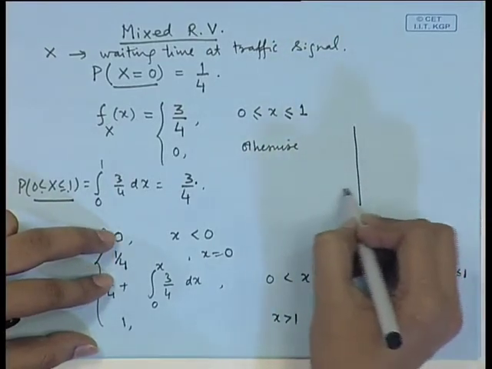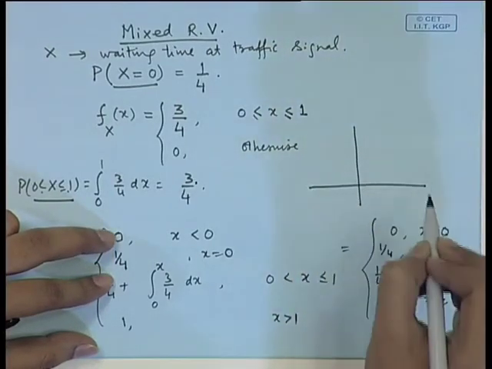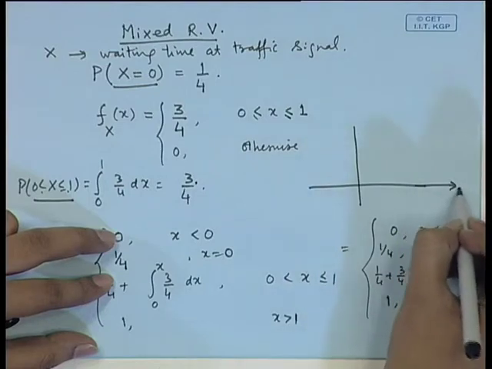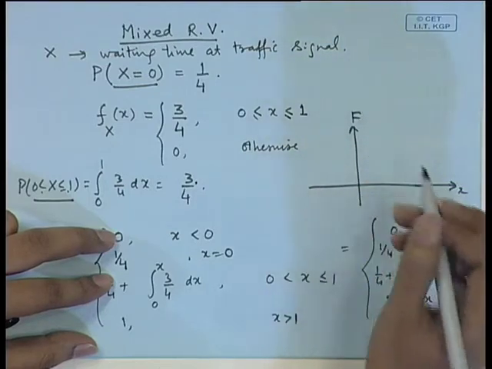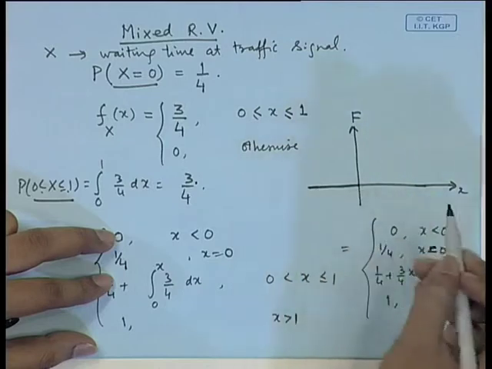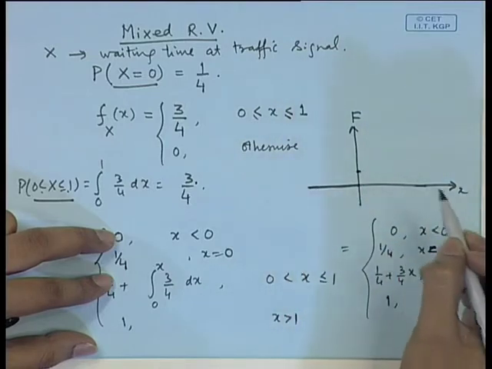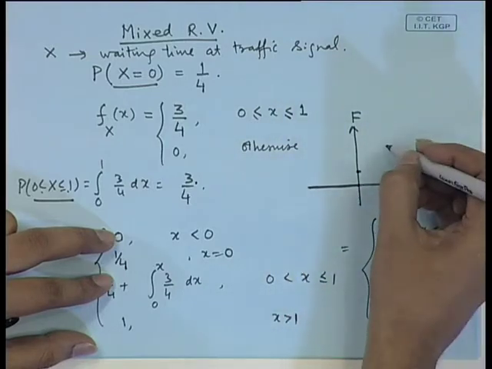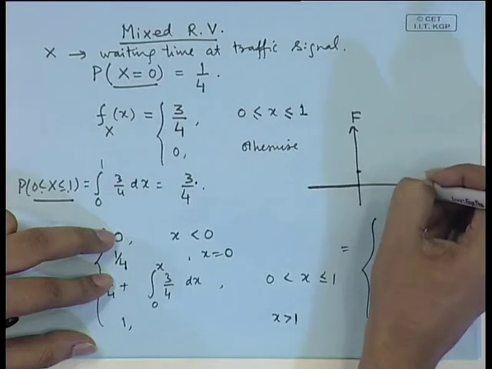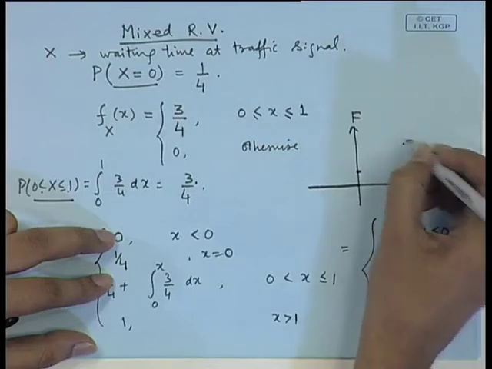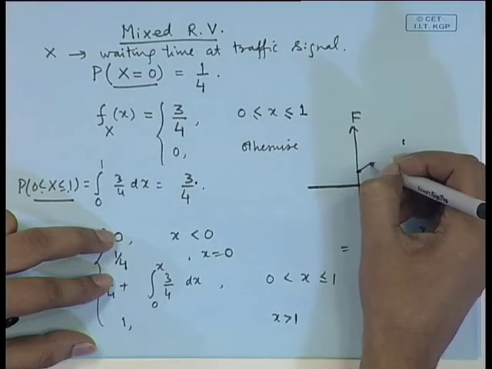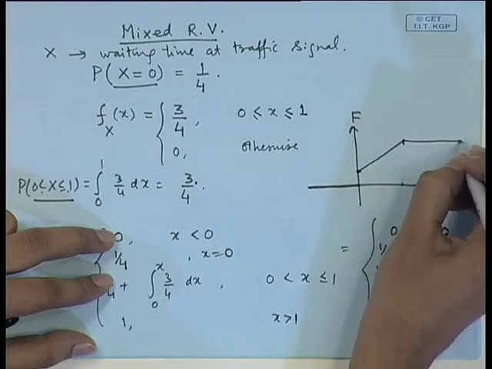If we plot this particular distribution CDF, then up to 0 it is 0, at 0 it is becoming 1 by 4, then from 1 by 4 to 1 it is increasing and it is 1.